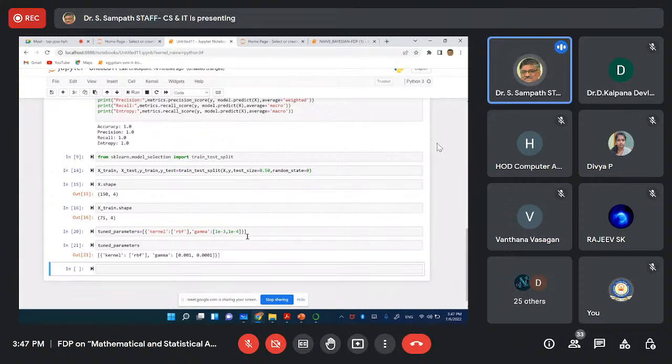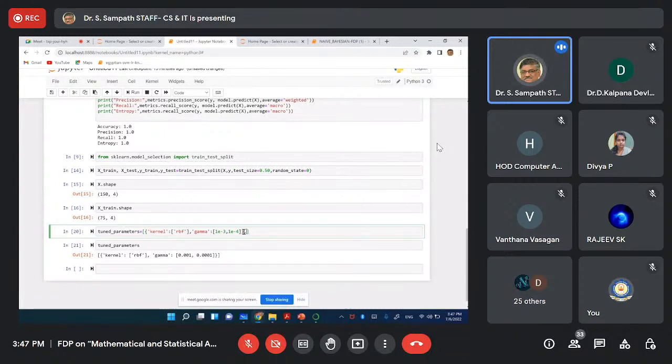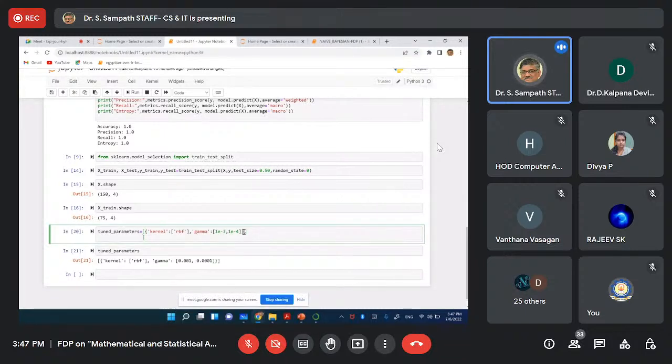So this is my basic setup. Now I would like to perform a kind of cross-validation. For example, if you want, you can have one more choice also. In addition to this kernel, let me have one more kernel, the linear kernel.